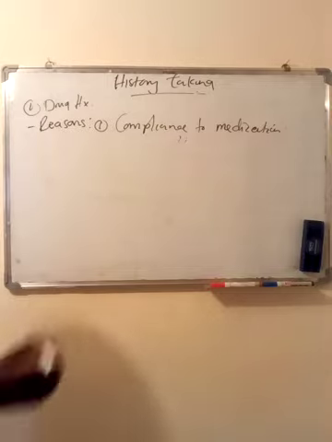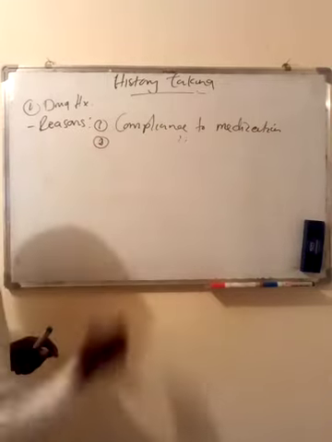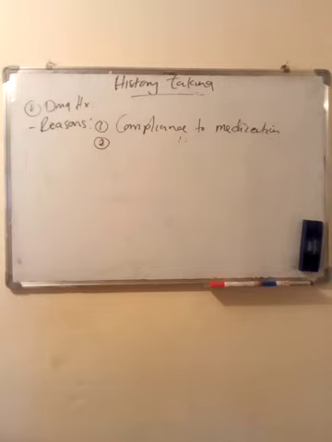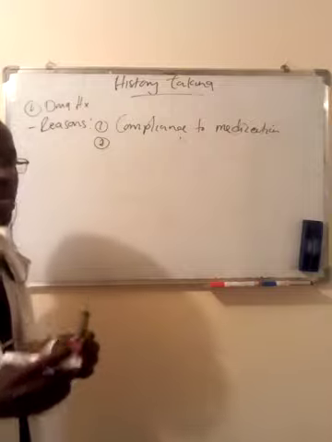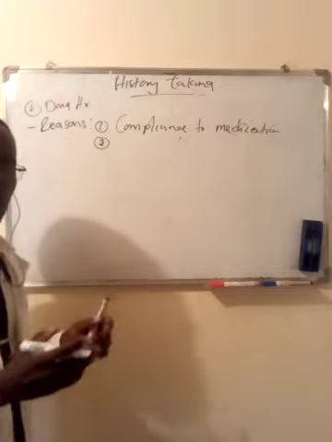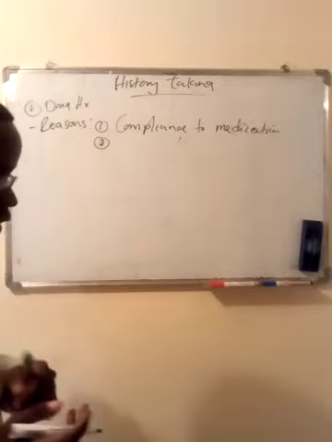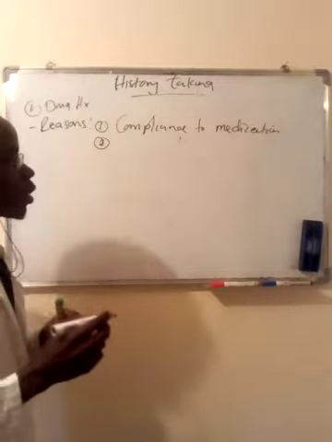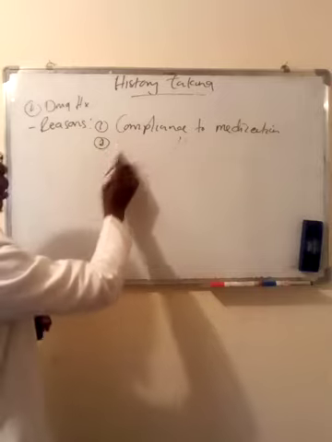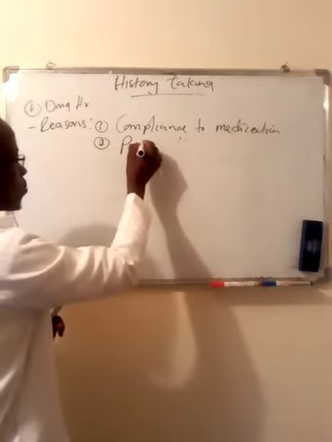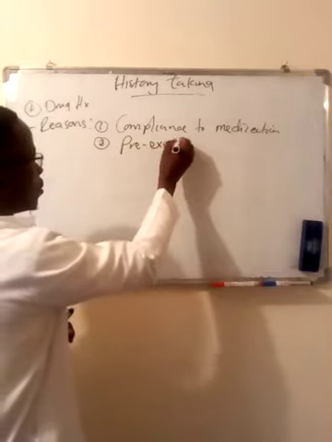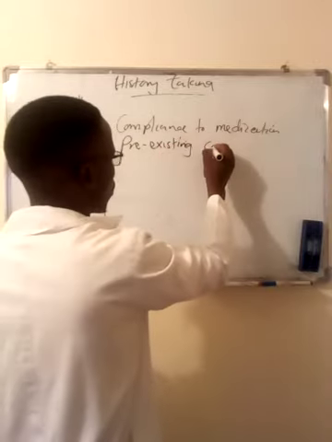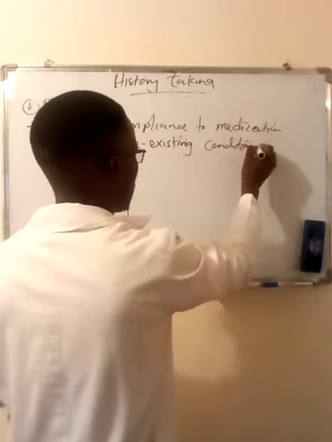The other reason why we want to look at drug history is that sometimes patients may be taking drugs that are not even prescribed to them by the health practitioners, or rather by their doctors. So it's also to give you a clue of some of the pre-existing conditions. Let me give an example.